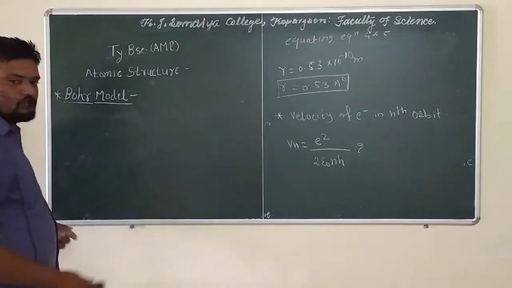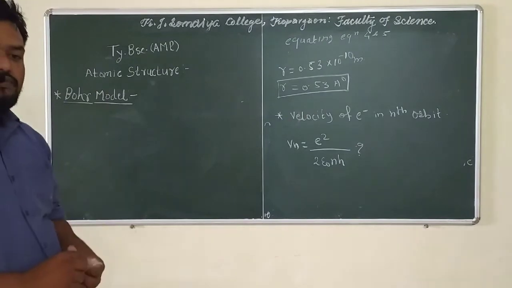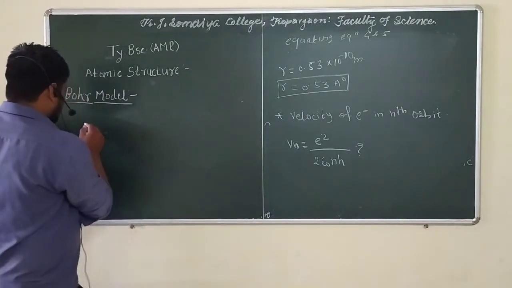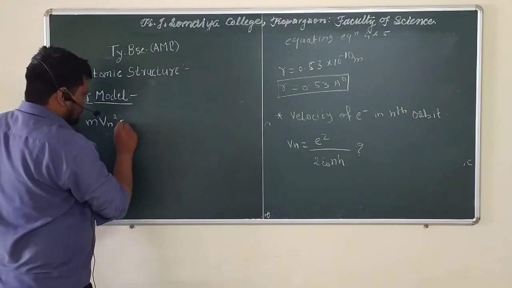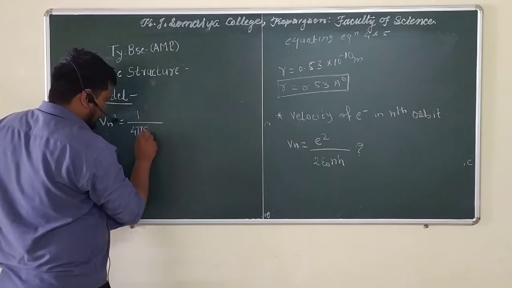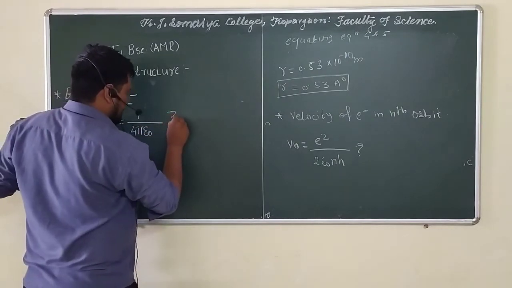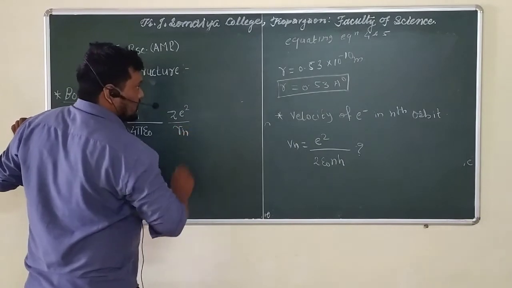So what happens here is that m Vn square is equal to 1 upon 4 pi epsilon naught z e square upon Rn, correct?